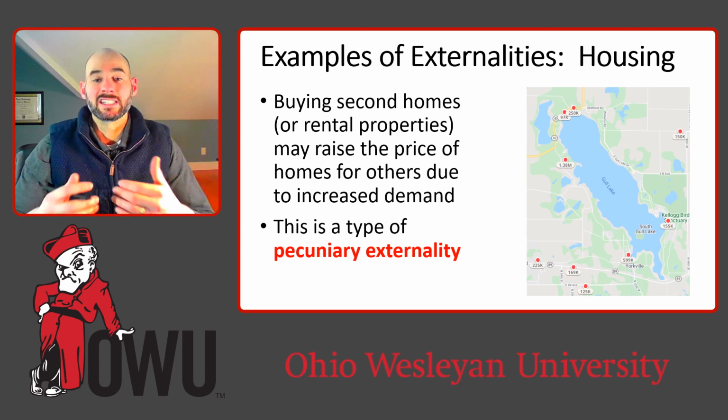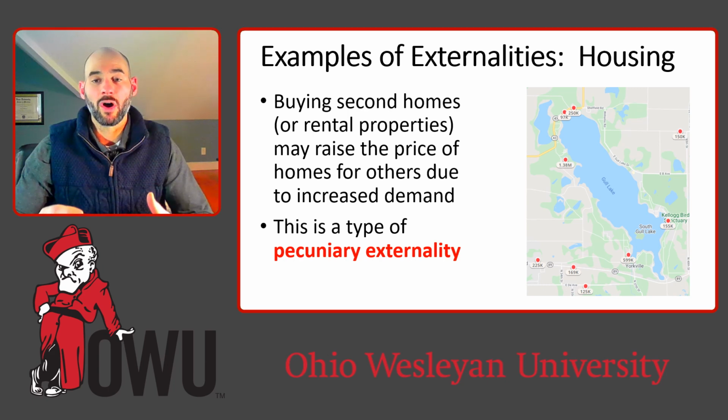The pecuniary externality is going to spill over directly through the price channel of the market in which all participants are involved. And so when we think about Gull Lake, or homes on Gull Lake, so this is an image from Zillow.